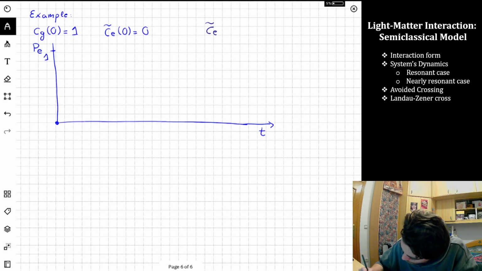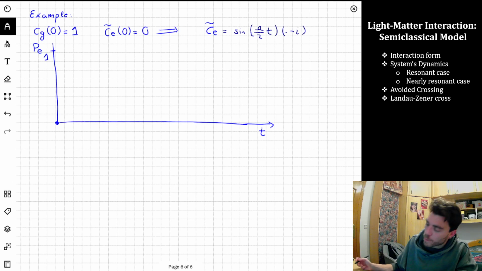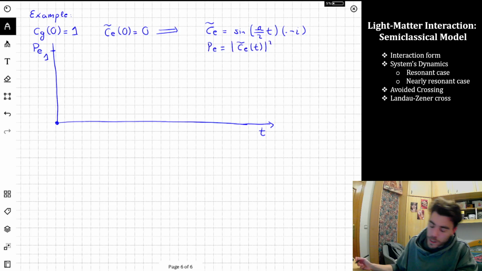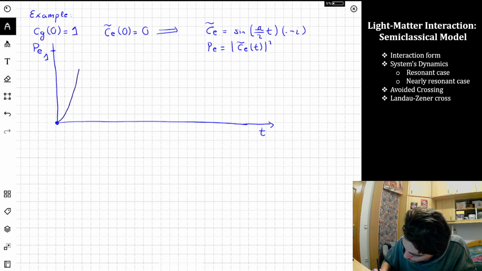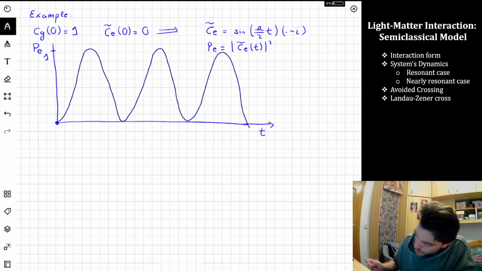With this initial condition, Ce is basically the sine of Ωt divided by 2, probably multiplied by a factor of minus i, that we don't care about, because the probability is the modulus squared of Ce. So we start at 0 and we go sinusoidally, because it's sine squared, like this.